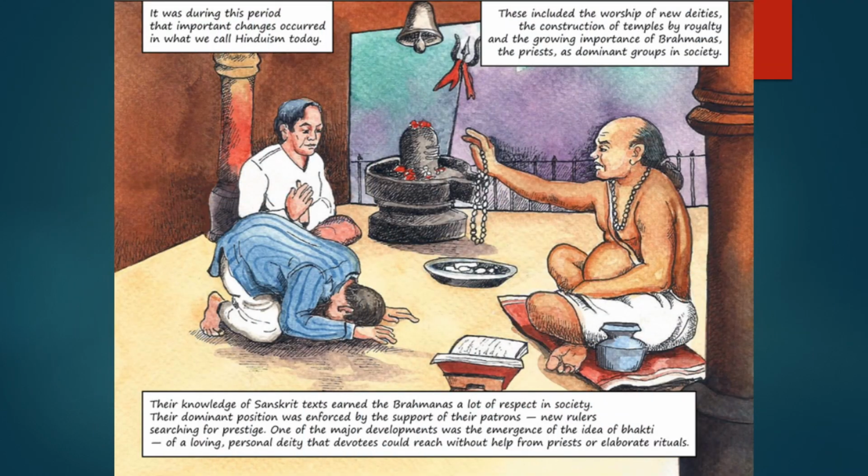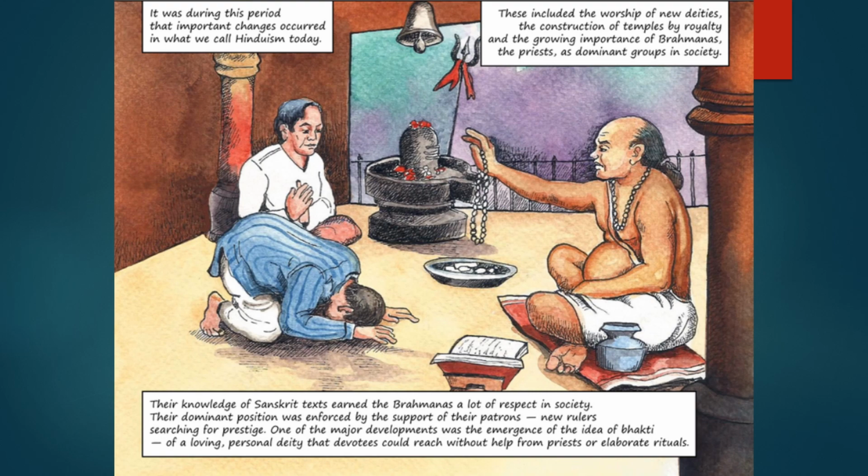It was during this period that the more important changes occurred in what we call Hinduism today. These included the worship of new deities, the construction of temples by royalty, and the growing importance of Brahmanas, the priests, as dominant groups in society. Their knowledge of Sanskrit texts earned the Brahmanas a lot of respect in society.